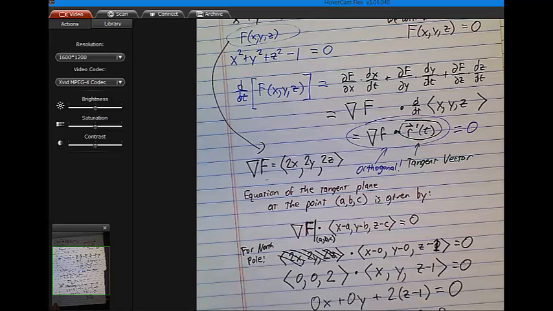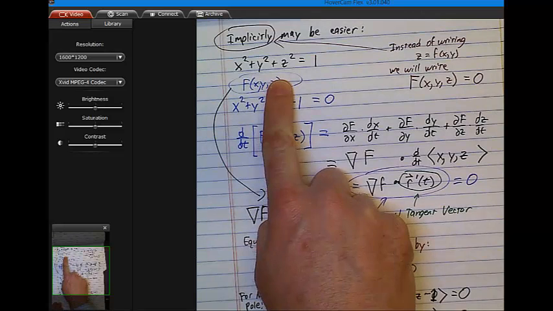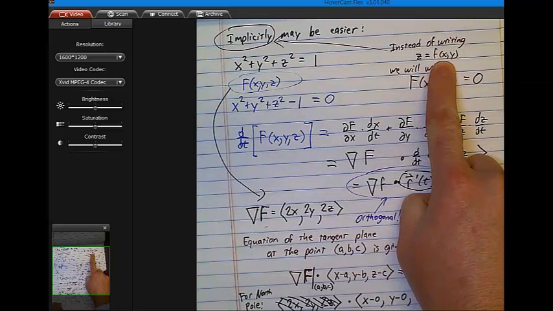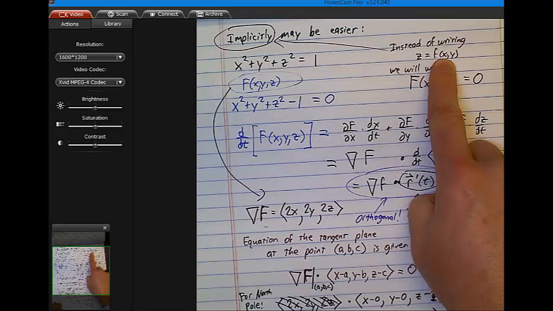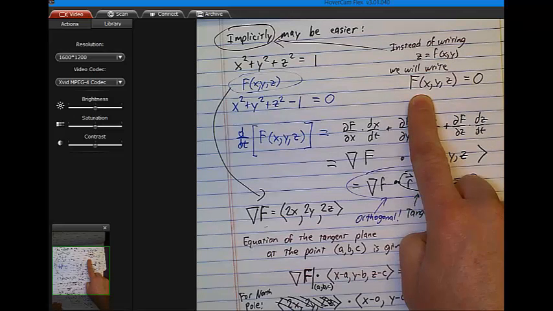It's much easier to take derivatives sometimes than it is to solve for variables. And so this is our first example that I can think of where we made a problem easier by moving up a dimension. The first technique was we're working in z as a function of x and y, two variables. We had to solve for z to get it that way. But you can make the problem easier by making it a function of three variables.